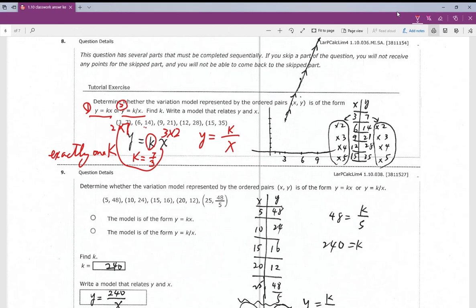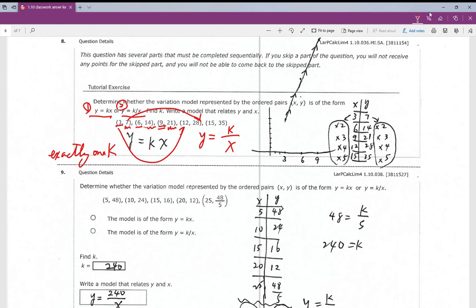But if you understand the concept of direct variation, you can see that when x times 2, y times 2. When x times 3, y times 3. When x times 4, y times 4.